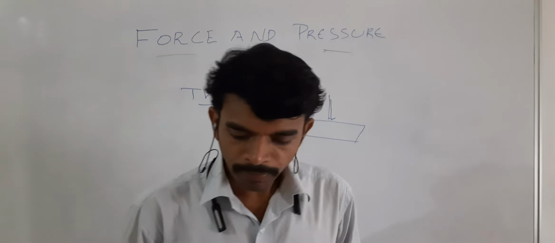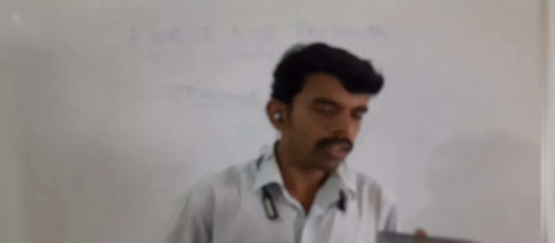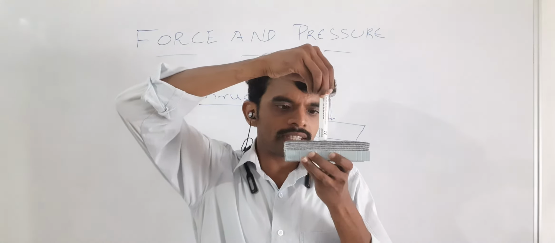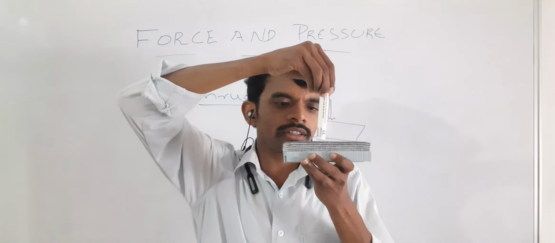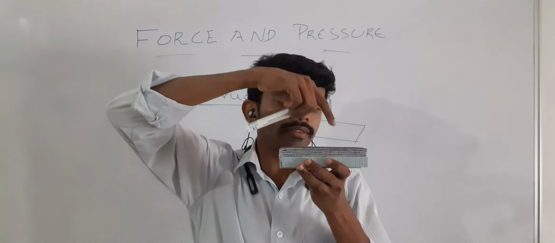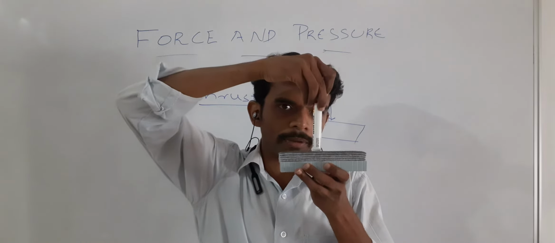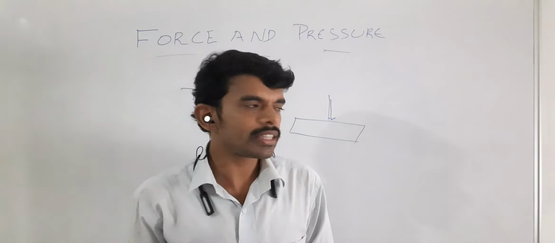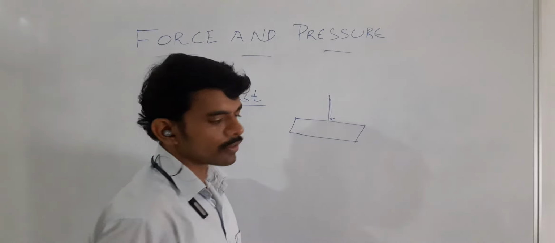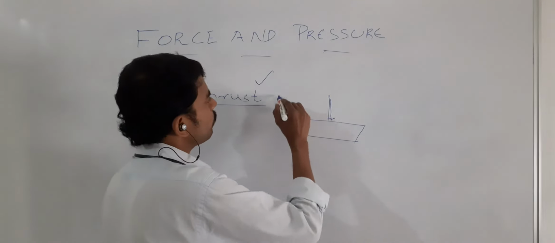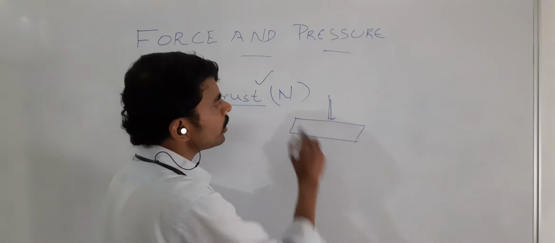For example, here this is our surface and I am exerting force like this. So this is the thrust. Here the angle between the surface and the direction of force is perpendicular. So if the force is exerted perpendicular to the surface, such a force is called thrust. Thrust is nothing but a force which is normal to the surface.